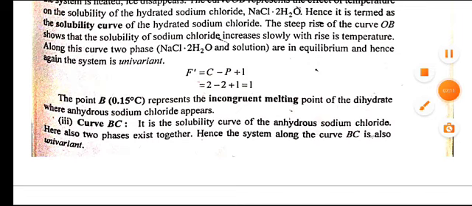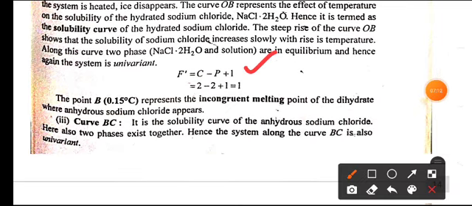It is also evident from the phase rule, F is equal to C minus P plus 1, the condensed phase rule. Here the number of components C is 2 and the number of phases is 2. So by substituting these values in the condensed phase equation, we get F is equal to 1. So it is a univariant system.